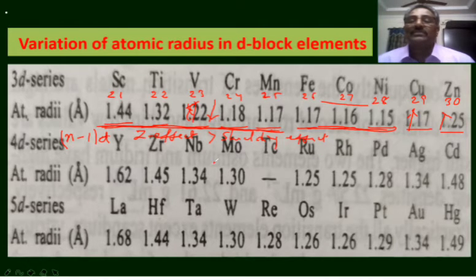In the case of iron, cobalt and nickel, the effect of increasing nuclear charge is almost the same as the screening effect. In the case of copper and zinc, as the inner electrons are being increased, being very high, the screening effect is more than the Z effect. That is, the effect of increasing nuclear charge is less than the screening effect.